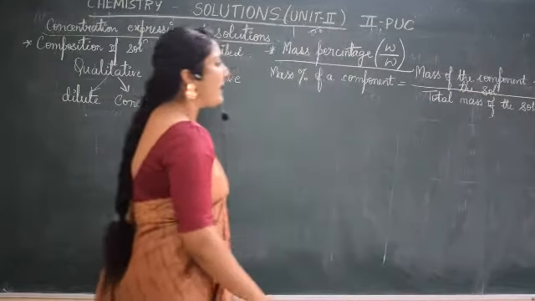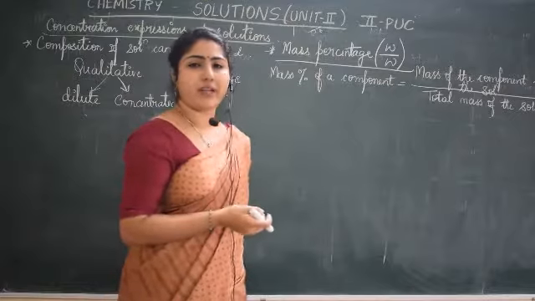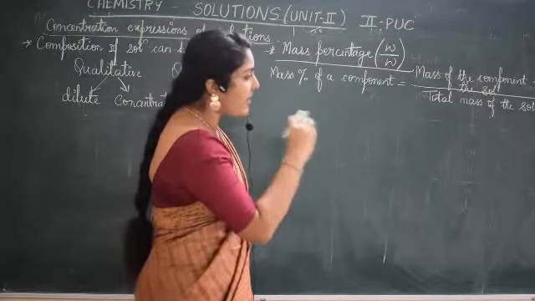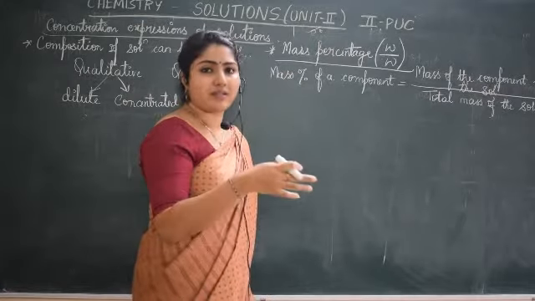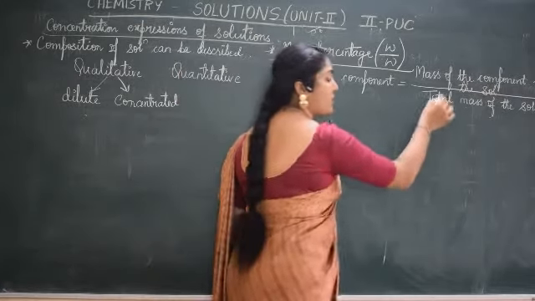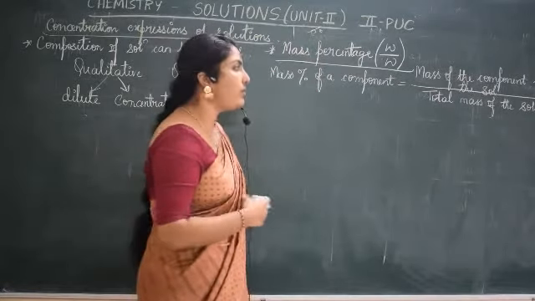If you want to find the mass percentage of a component, then how much mass of that component you have taken is divided by the total mass of the solution. The total mass of the solution includes both solute as well as solvent, into 100.